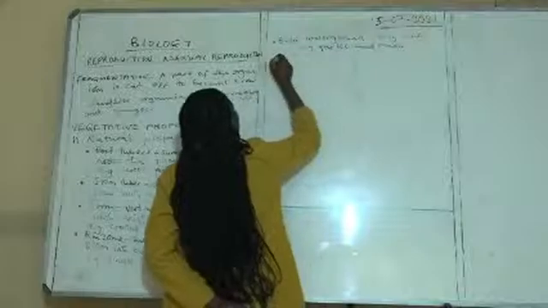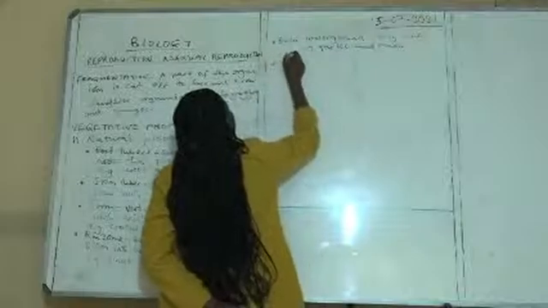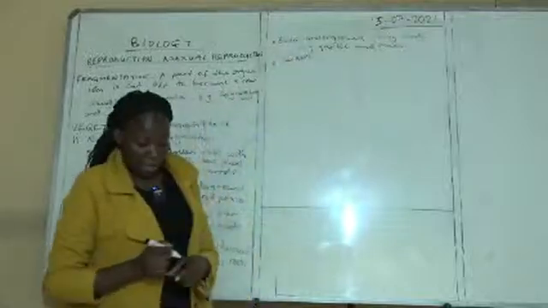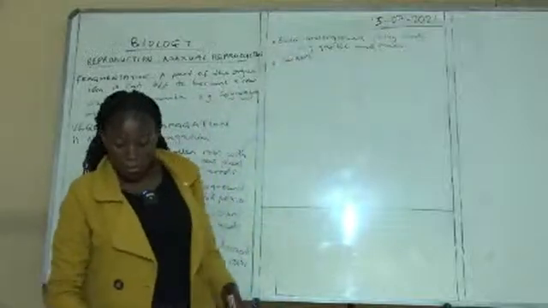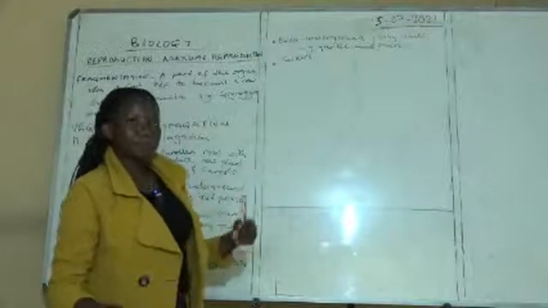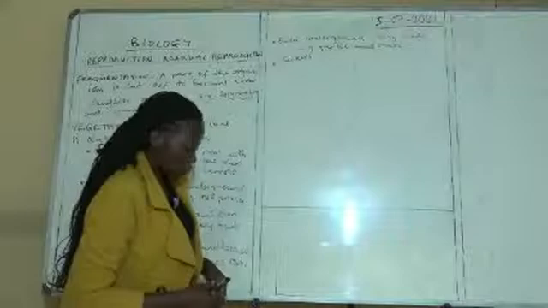You can also look at suckers. What are suckers? Suckers are underground lateral branches with adventitious roots.